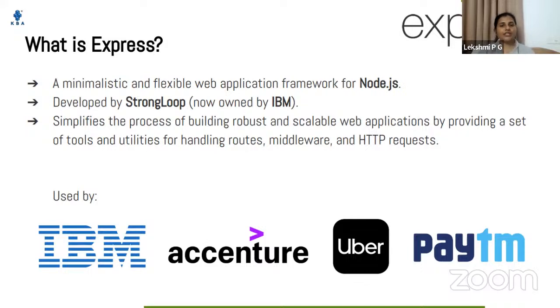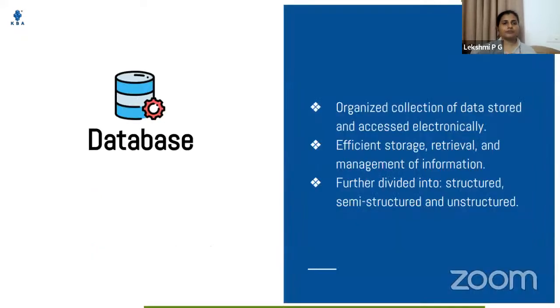Express is one of the libraries for Node.js, for JavaScript programming. If we are using JavaScript for backend programming, we can use Express as the library or framework for designing the whole backend. Many companies do their backend with Express, like IBM, Paytm, etc.